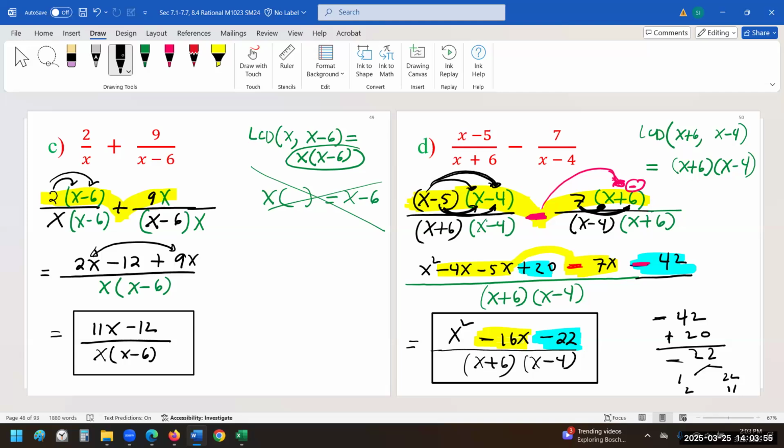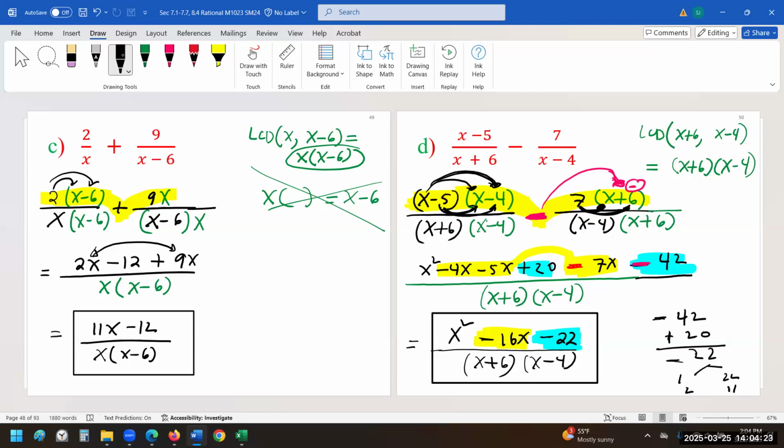Robert, practice a lot. Negative 7x. So we are subtracting 7 times x plus 6, right? It's x plus 6 because the denominator x plus 6 is missing in that fraction, so you're multiplying top and bottom.